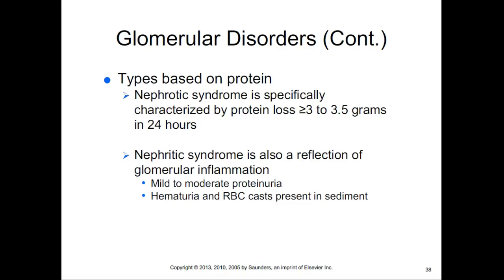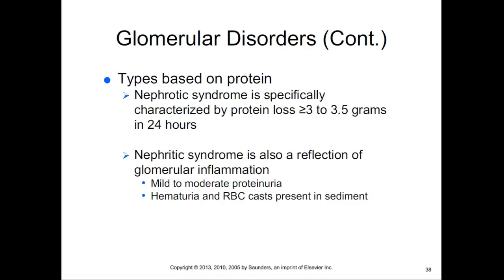Nephrotic syndrome is specifically characterized by protein loss greater than normal, so 3 to 3.5 grams in 24 hours. Nephritic syndrome is also a reflection of glomerular inflammation, but has very mild to moderate proteinuria.